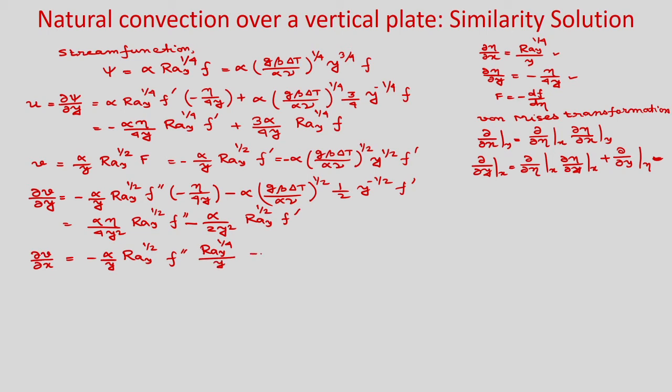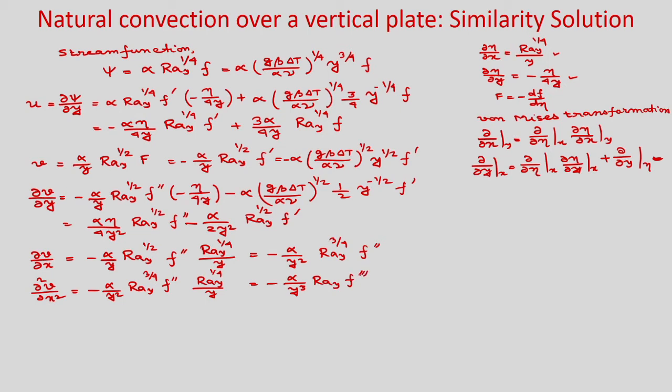If you simplify it, you will get minus alpha by y square Rayleigh number to the power 3 by 4 f double prime. And again, del 2 v by del x square, if you take, it will be minus alpha by y square Rayleigh number to the power 3 by 4 f double prime into again Rayleigh number to the power 1 by 4 by y. If you simplify it, you will get alpha by y cube Rayleigh number y f triple prime.